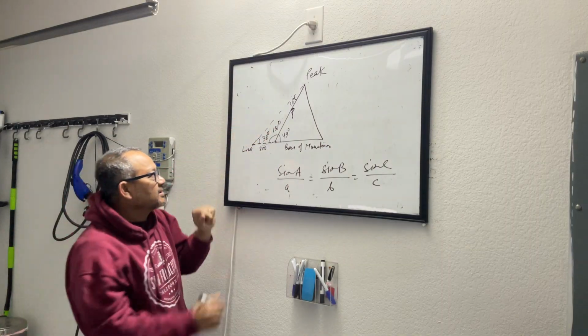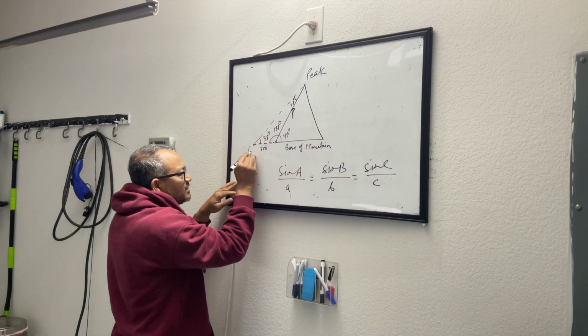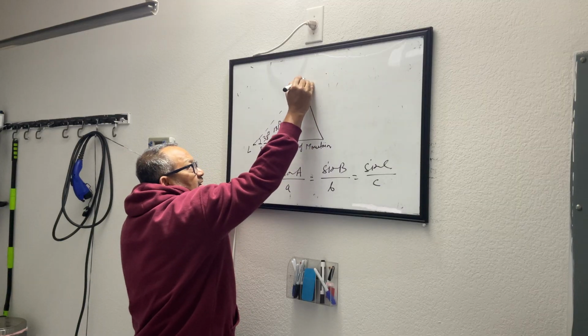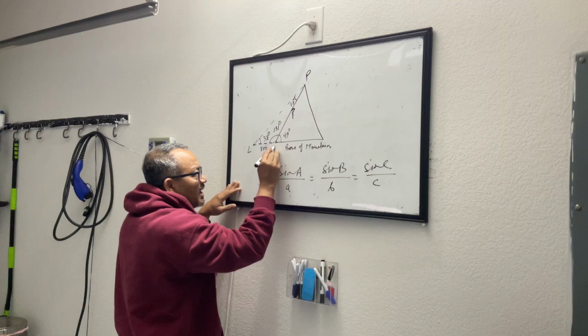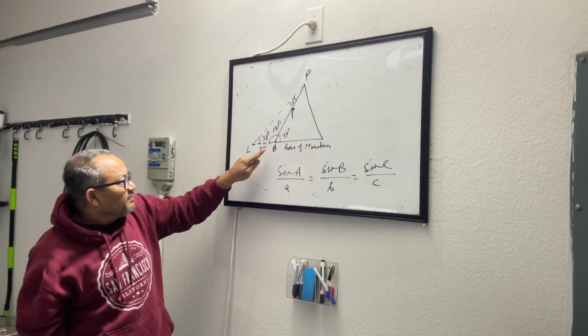So let's say wherever Lisa is standing, I will call this L. Wherever the peak is, I will call this P, and wherever this is the base, I will call it B. So I'm essentially looking at the triangle LBP.